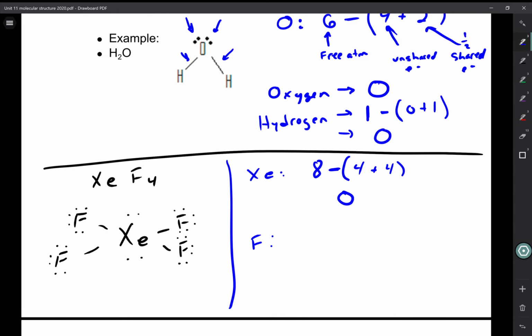If we look at fluorine, 7 is the valence, minus unshared 1, 2, 3, 4, 5, 6, plus 1/2 of the shared, 1. So again, that is also 0. So here we go. Those are the formal charges for xenon and fluorine in XeF4.